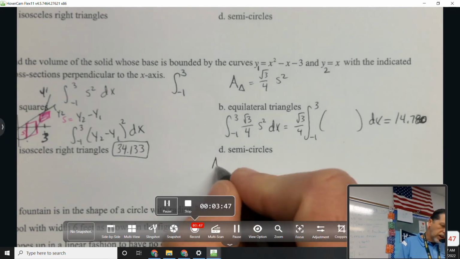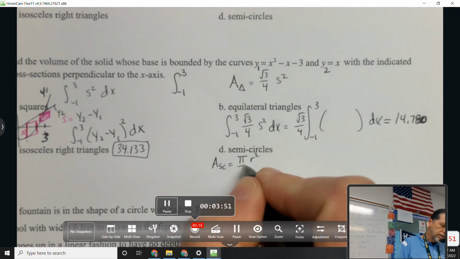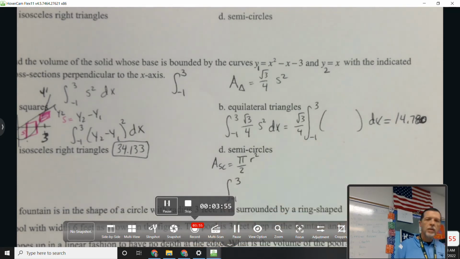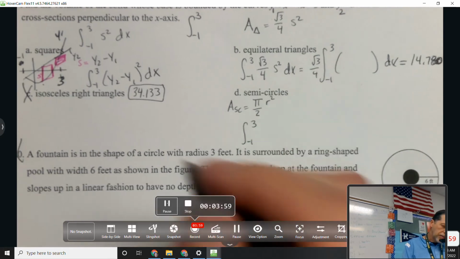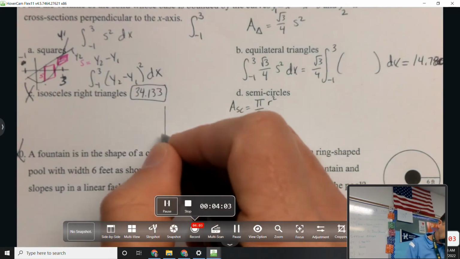Semicircles, see, the area of a semicircle is pi r squared over 2. So again, same thing. Well, not exactly the same thing. -1 to 3. Let's see. Draw my picture again.